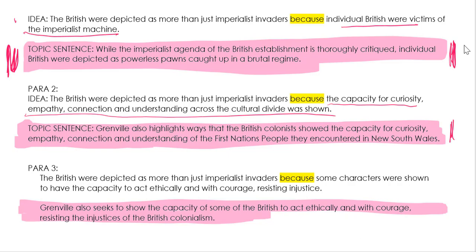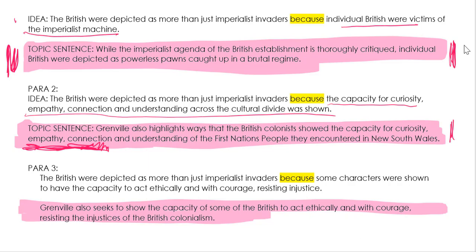So because this doesn't actually have the words imperialist agenda in it, I would actually, in my paragraph, make sure that I said something along the lines of, this helps her to show that they are more than just colonialists seeking power and money and all that sort of stuff. So I'd need to tap back into that question within the paragraph just to make sure that I got that idea in. But I think that would work quite well.